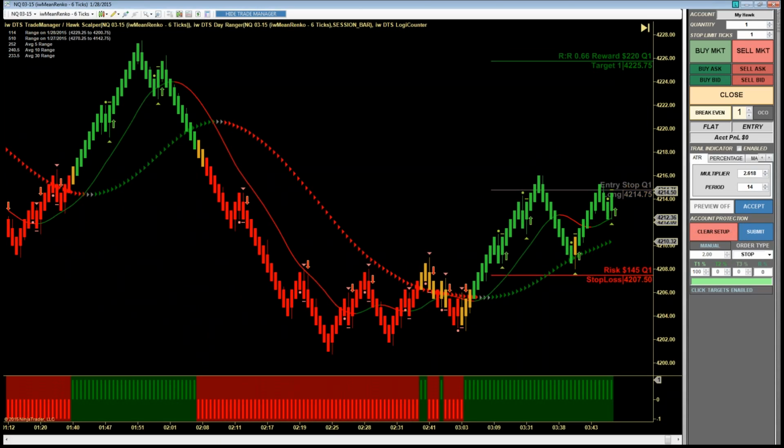Probably not that many. What you should be doing is controlling your risk. If you didn't notice, when we ran our trade like this, we had $55 at risk. When we run our trade like this, we have $150 at risk.